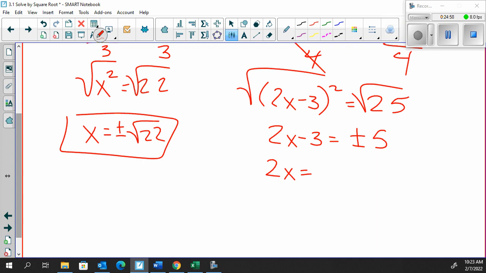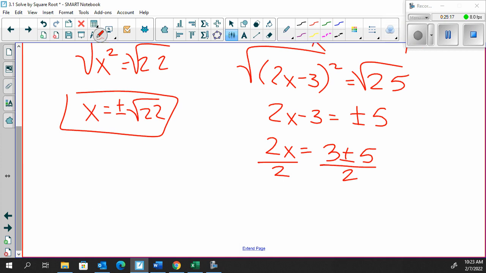You're going to write it as 3 plus or minus 5. Remember, plus or minus always goes in the middle. Now, if we divide by 2, I'm going to divide this whole thing by 2. That's okay. So my answer looks like x equals 3 plus or minus 5 divided by 2.